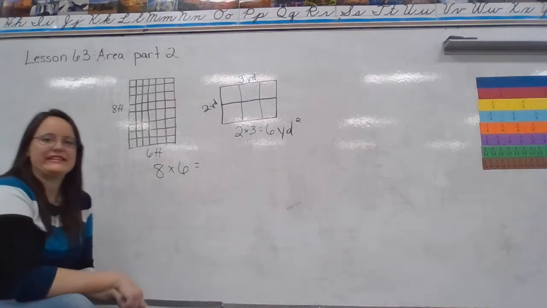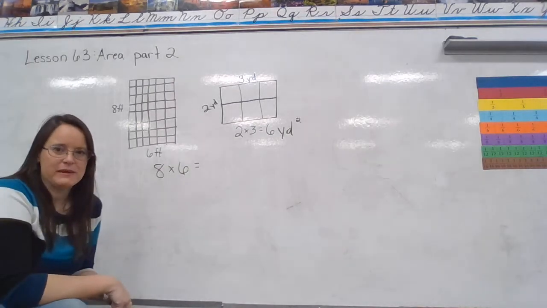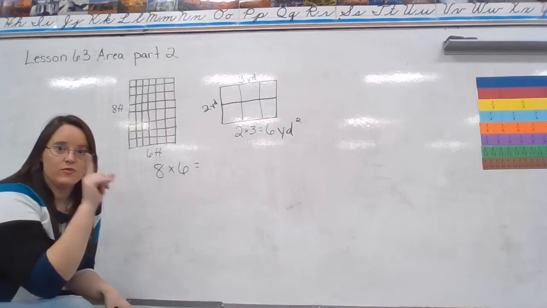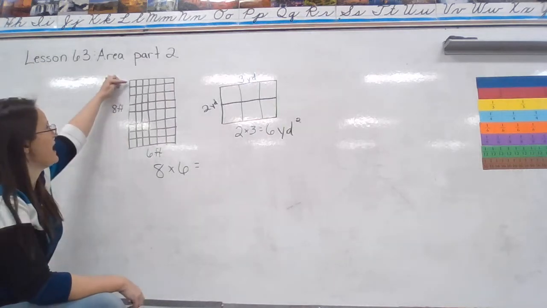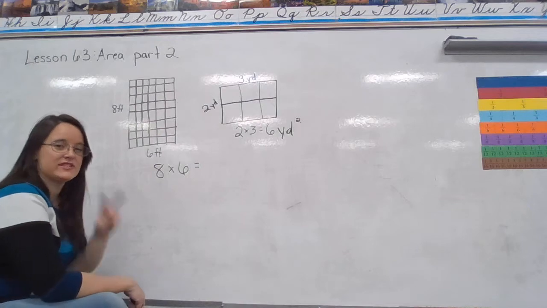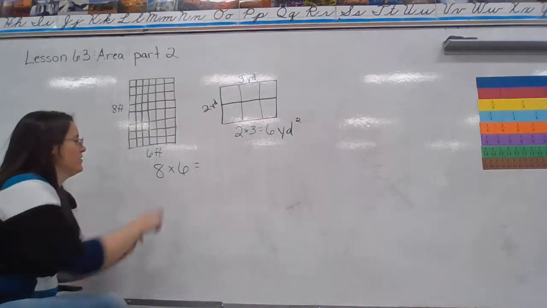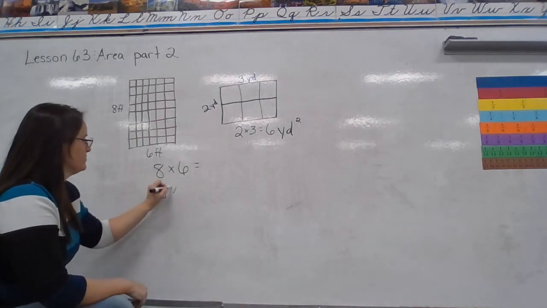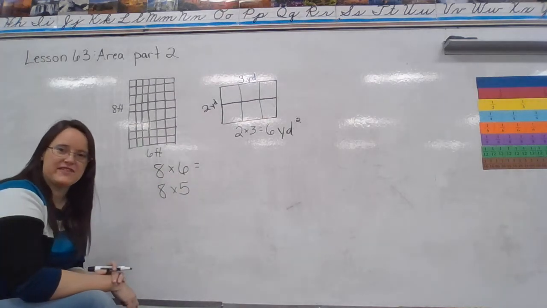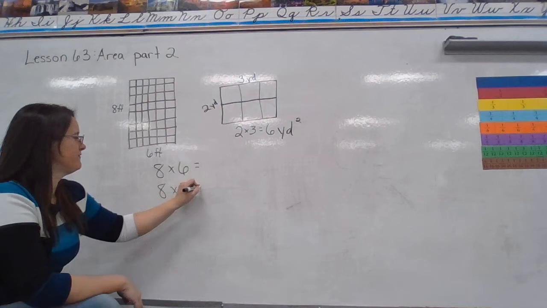Oh man, in 3rd grade, I might not have memorized that yet. So I'm going to have to use some strategies to figure it out. So, one strategy, we could count by 6, 8 times. Here's a second strategy. What's 8 groups of 5? 8 times 5, that's easy. We know that one. That's 40.